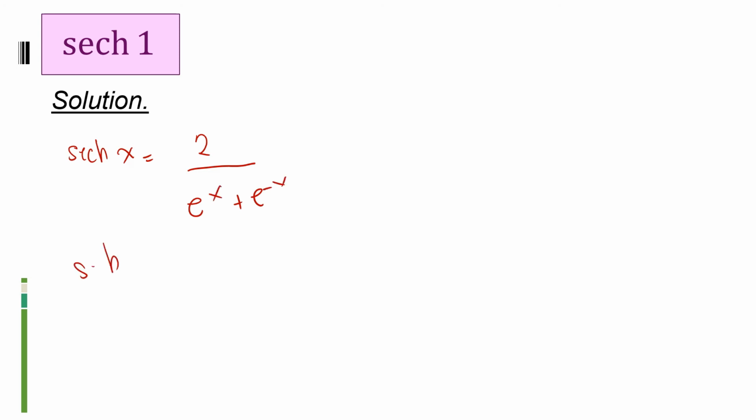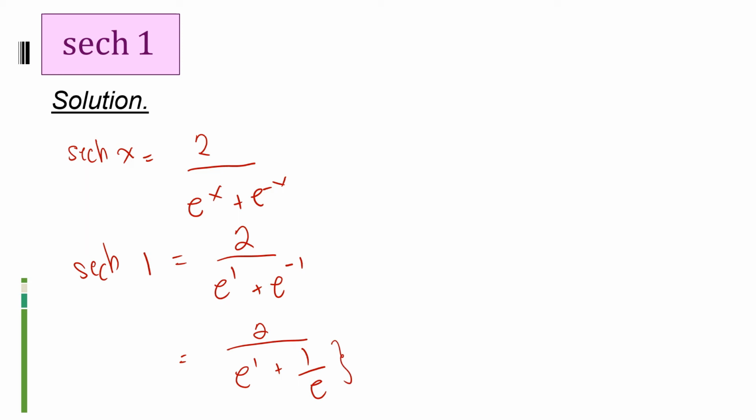The hyperbolic secant of 1: we have hyperbolic secant of x equals 2 over e raised to x plus e raised to negative x. So hyperbolic secant of 1 now equals 2 over e raised to 1 plus e raised to negative 1. So we have 2 over e raised to 1 plus 1 over e.